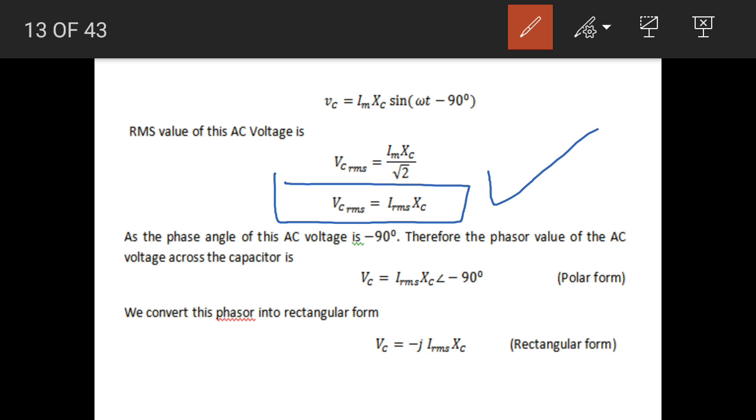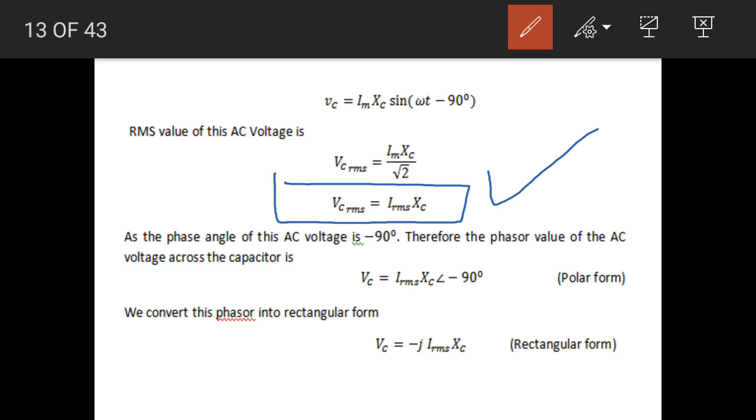The RMS value of this AC voltage will be equal to the RMS value of the AC current times Xc, where Xc is known as the capacitive reactance of the capacitor. This is the capacitive reactance, and this property of a capacitor, due to which it opposes the flow of AC current, is known as capacitive reactance.